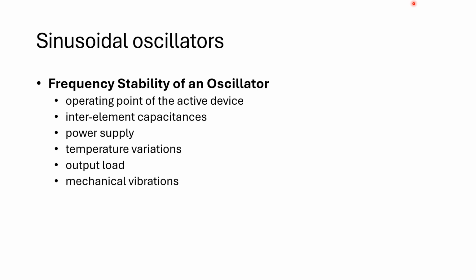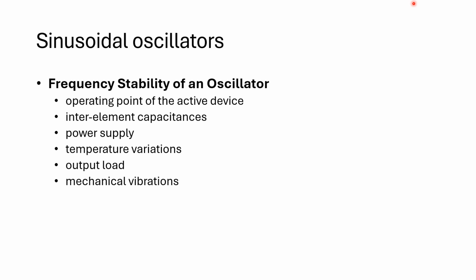Third, we have the power supply. Changes in DC operating voltages applied to the active device can have an impact on its parameters. To make sure that our frequency will be stable, we usually make use of a regulated power supply.